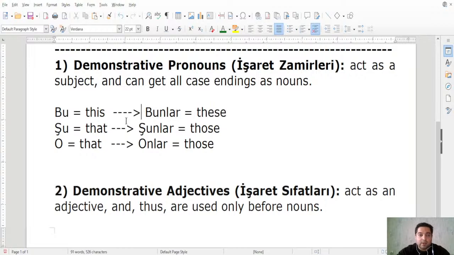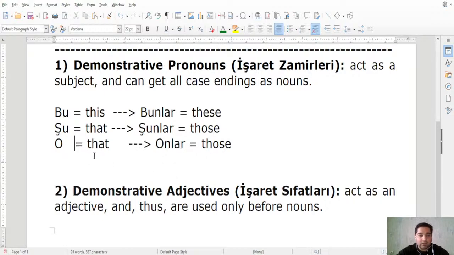I'm a bit sick with the symmetry, so bear with me when I have to deal with these symmetric issues. So bu is this, bunlar is these. Şu is basically something between this and that, but mostly that. And şunlar means those. O means that, and onlar means those.